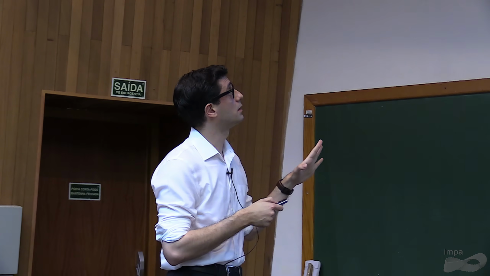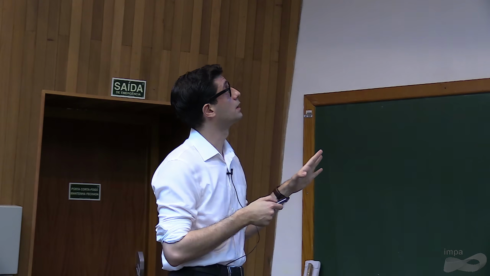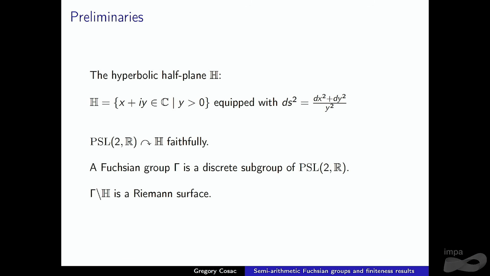So, right. That being said, let me give you the setting that we're going to be working with. Blackboard H is going to denote the hyperbolic half plane with the usual metric, and PSL2R acts on the hyperbolic plane faithfully by orientation preserving isometries. In fact, it's the full group of orientation preserving isometries.